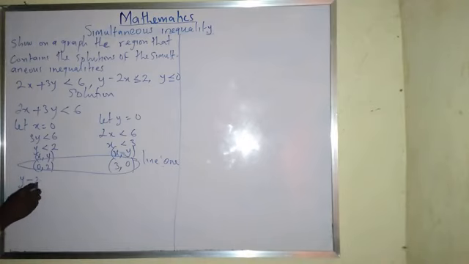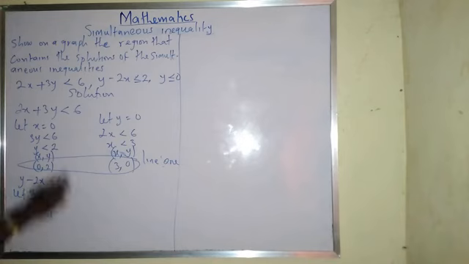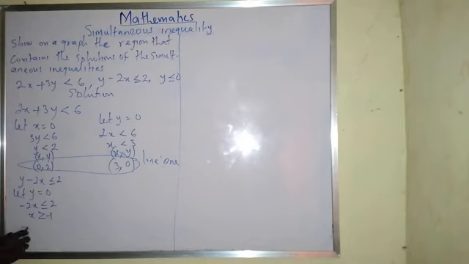Line 2 now: y minus 2x less than or equal to 2. Let y equal 0. Now I'll have minus 2x less than or equal to 2, so my x will be greater than or equal to minus 1. It means x comma y is minus 1 comma 0.